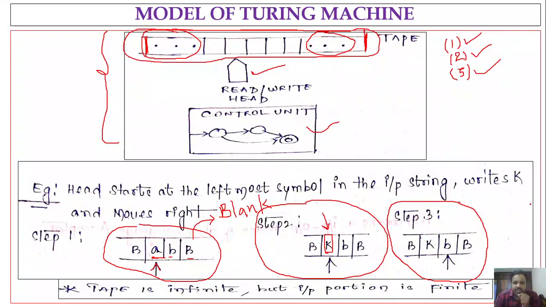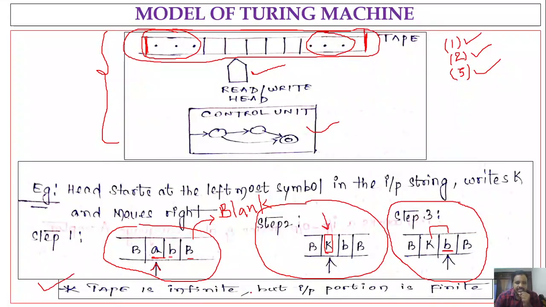So in step 3, the tape head has moved towards the right, so that it is pointing to the next symbol in the input tape, that is small b.